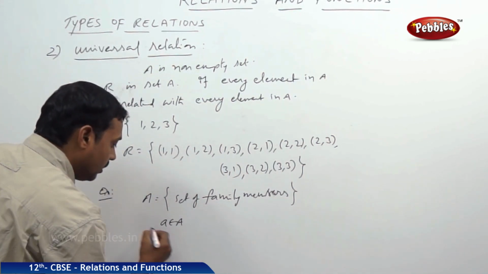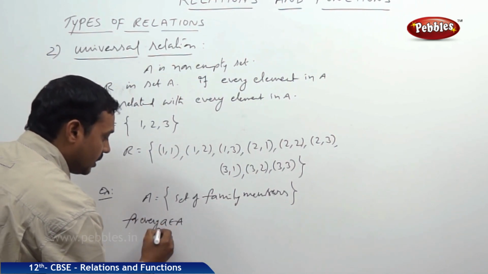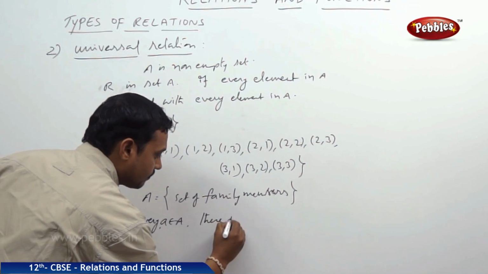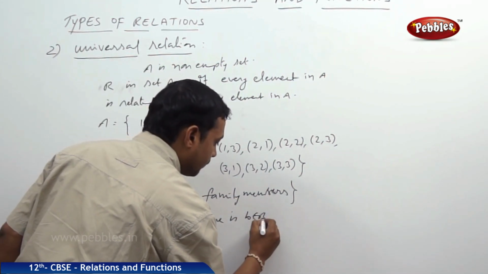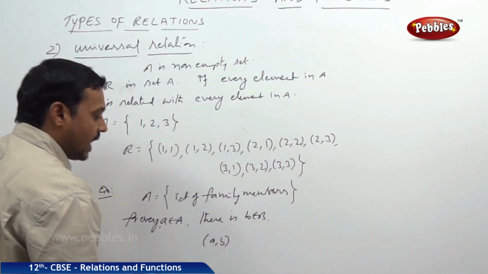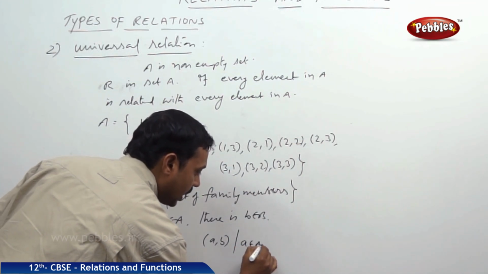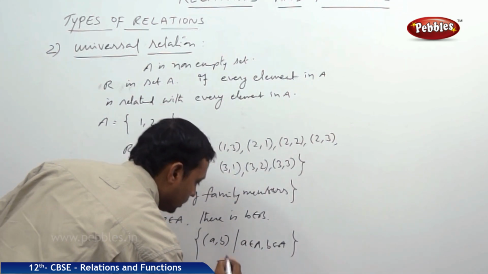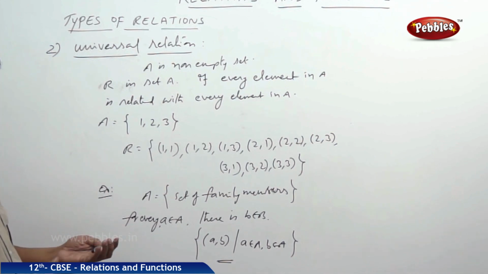Therefore, for every a belonging to A, there is some b belonging to A such that a comma b has a relation, so this is also a universal relation.